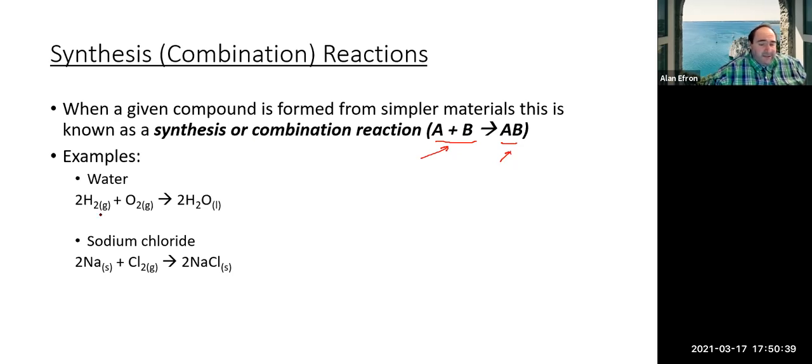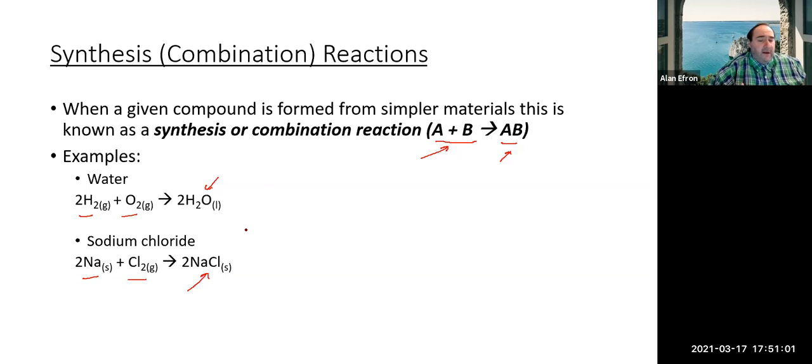That's what we see here, formation of water: two things make one thing, a classic looking combination reaction. Two things here when we make sodium chloride, make one thing here. Again, your classic synthesis or combination reaction.